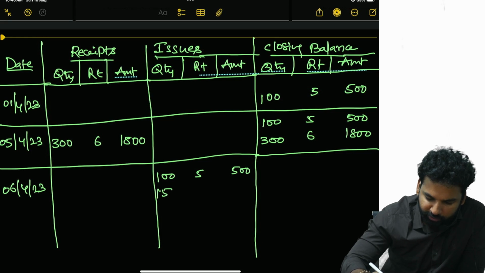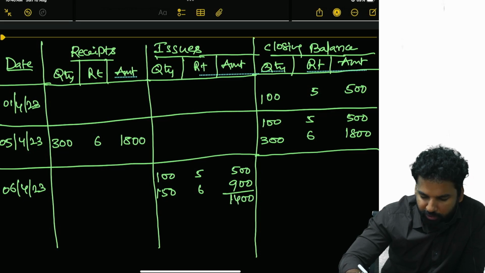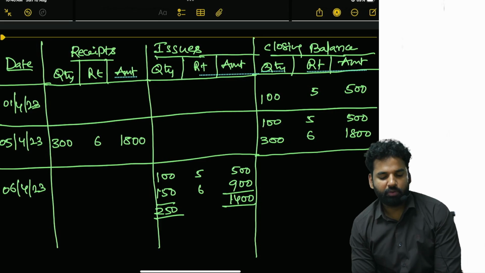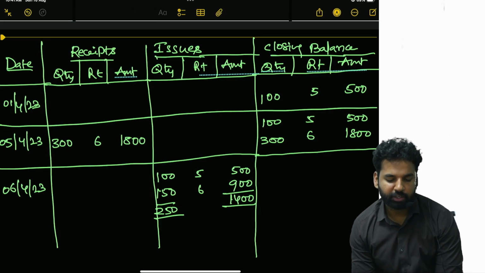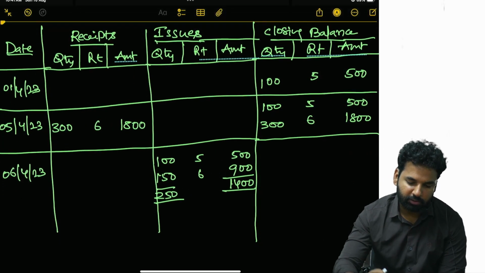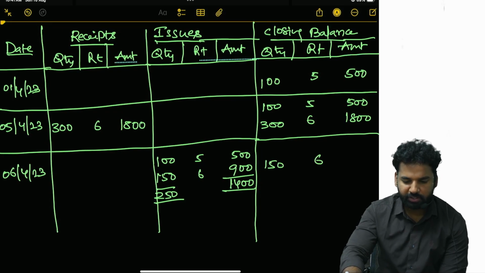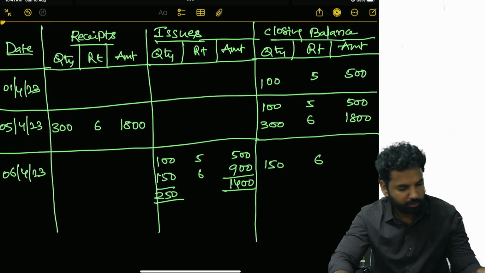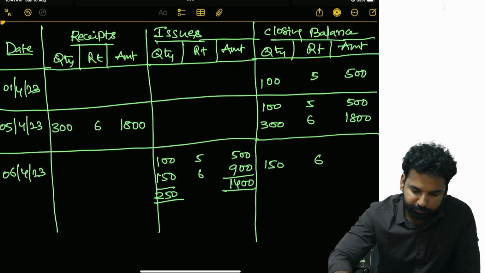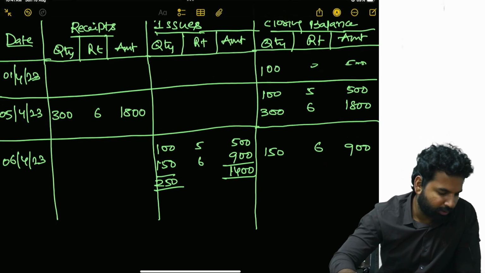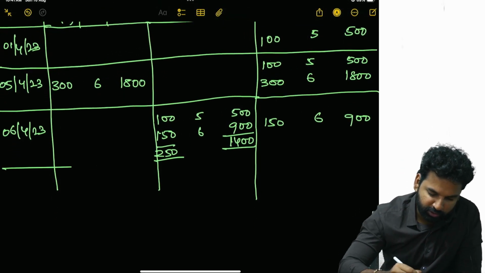Remaining 150 units at 6, which is 900. Totally it will be 1400 for 250 units. How many are remaining now? 150 units at rupees 6 each will be 900. Right, done.